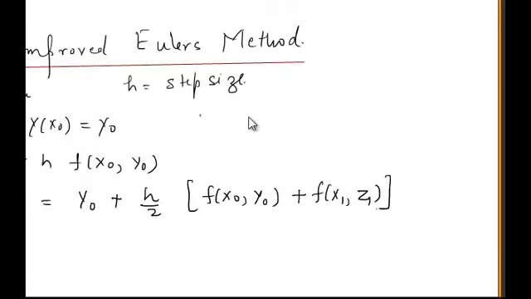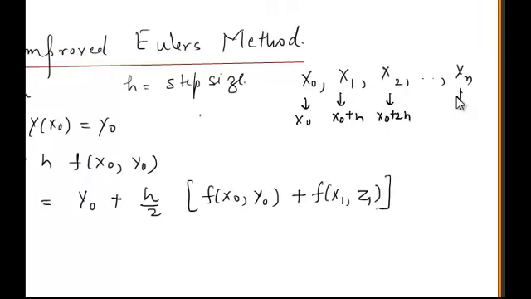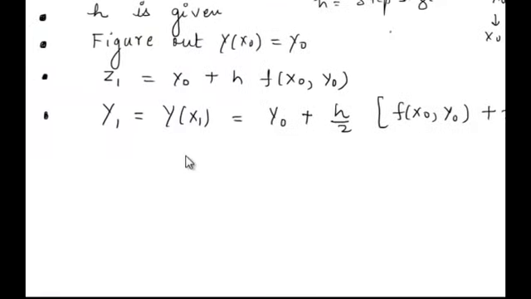Now for this, I assume you have understood that when h is given, you need to find the points x0, x1, x2 till xn, where x0 is the initial condition, then x0 plus h, x0 plus 2h. We are moving with a step size of h. Getting y1, then further keep on finding the other approximations like this.